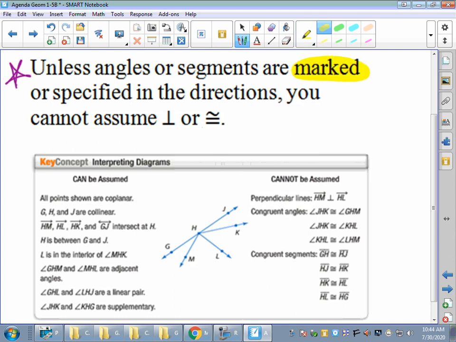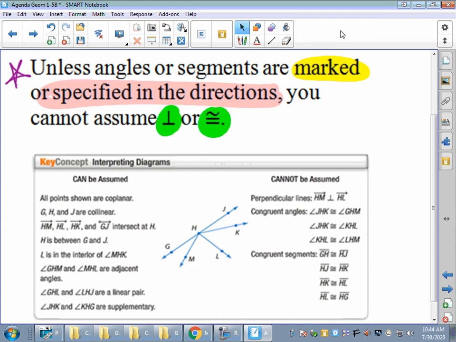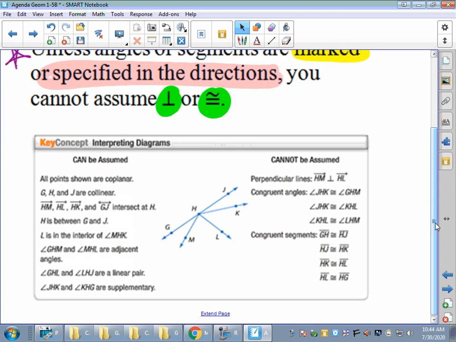It's got to be either marked or, I keep telling you, read the directions because geometry slips things into the directions. You cannot assume that things are congruent or perpendicular. Don't make the assumption.